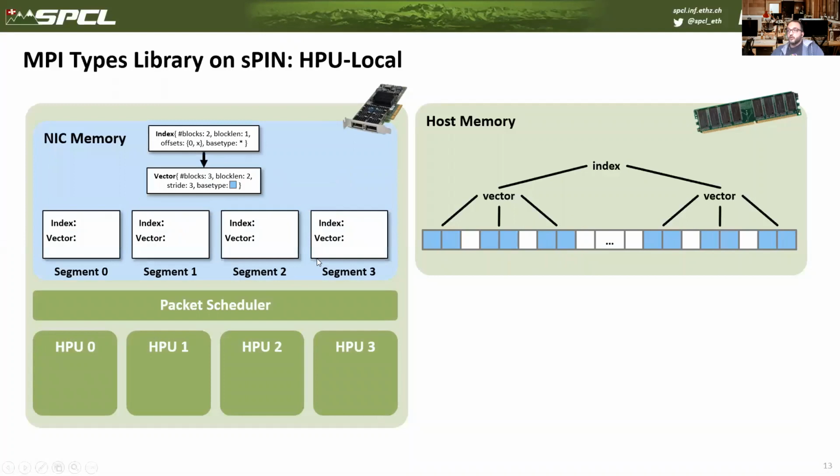Okay, so the first solution we propose is what we call HPU-Local, and the idea is pretty simple. Let's just duplicate the segment for each HPU. So now each HPU will have its own segment. This means that the first packet comes, HPU 0 will use only segment 0, and this goes on, right? So this seems to work pretty well. However, as you go a bit forward, you see that now HPU 2, in order to get to this green block here, that is the state that is needed to process this third packet, has to do some fast forwarding.